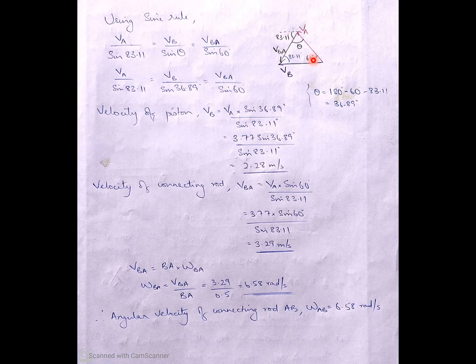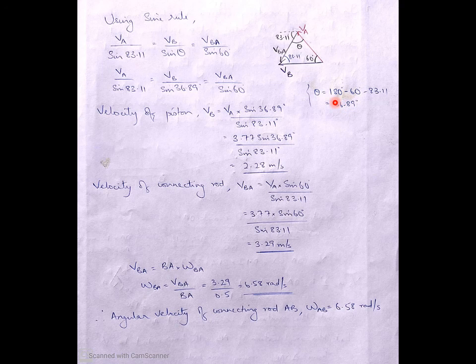This 60 degrees is already known. If this is 83.11 degrees, this is also 83.11 degrees, and let this angle be theta. This is a triangle, so theta equals 180 minus 60 minus 83.11, which gives theta equal to 36.89 degrees.